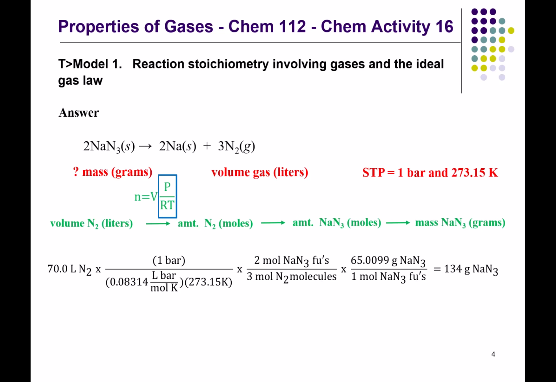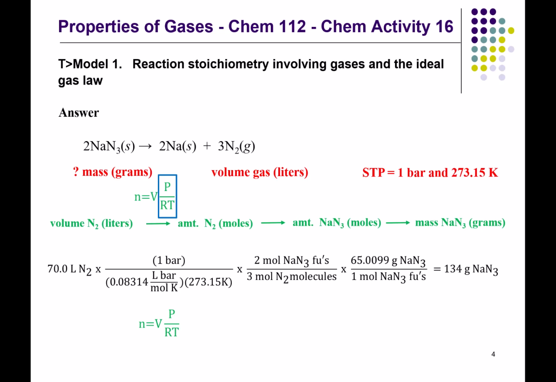Now, of course, it may not be so true, let's hope not actually, that the temperature inside your car is 0 degrees Celsius. So it'd be interesting to know, would we need the same amount of sodium azide to generate that same volume of gas at a higher temperature? Of course, we can calculate this, but let's do a little thought experiment. Once again, we'll grab this equation, and this represents the moles of gas that need to be produced.